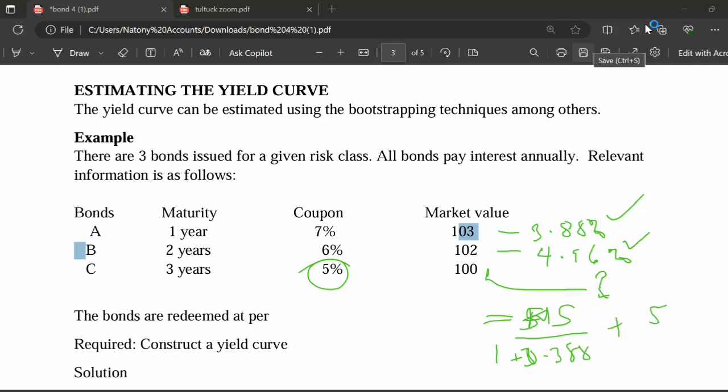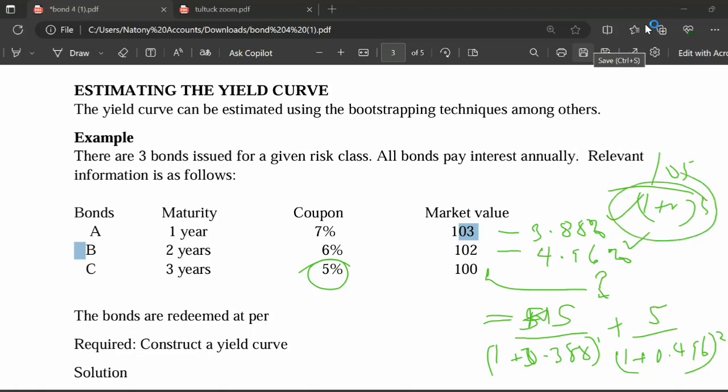Year 2, 5 naira will also be discounted using 1 plus 0.0496 raised to power 2. Then the final year will be 105 all over 1 plus r raised to power 3. So this r is what we will be looking for in bond C.